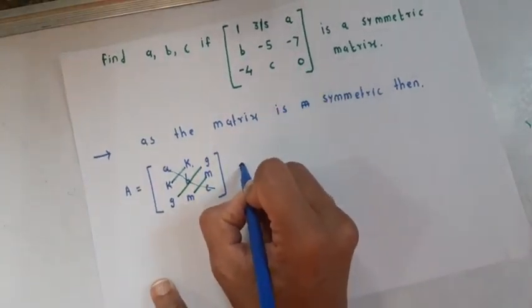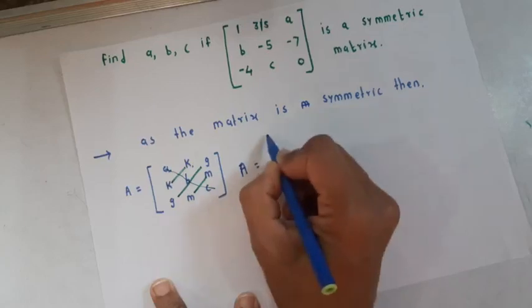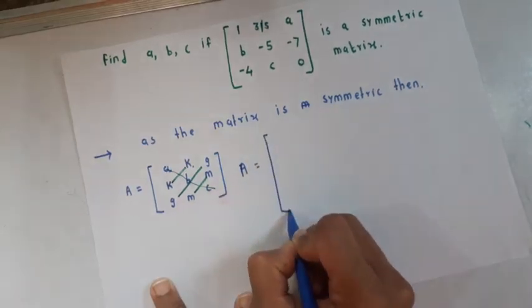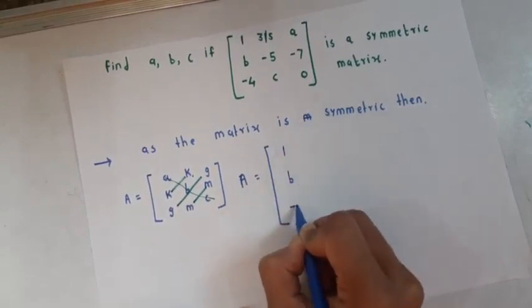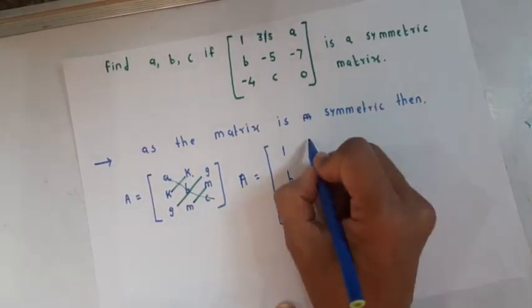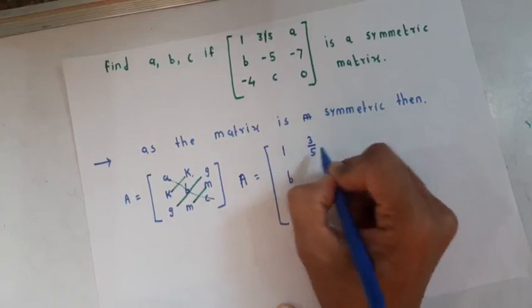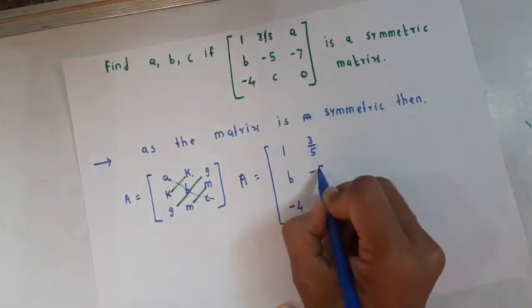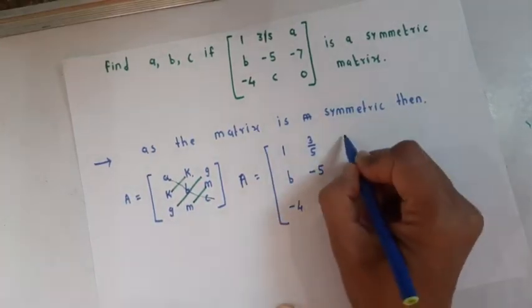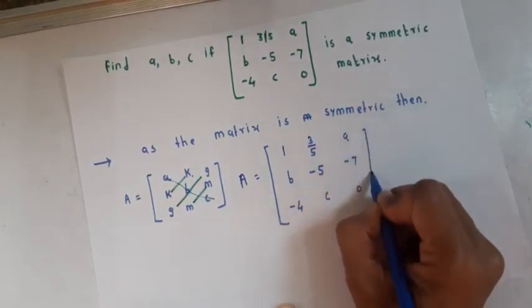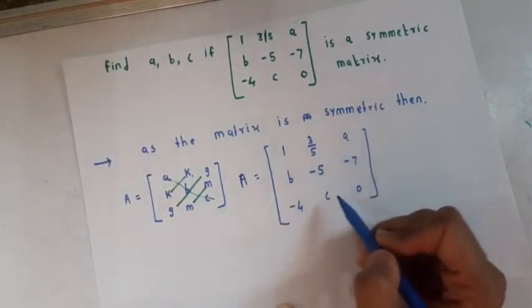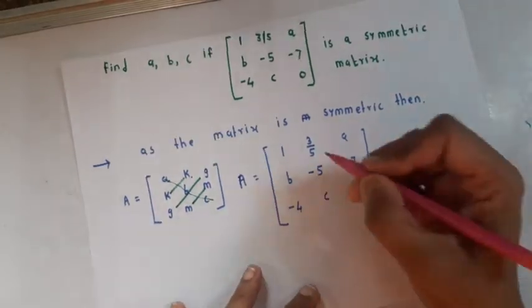Suppose we have the matrix A, and A equal to 1, B, minus 4, 3 upon 5, minus 5, and C, A, minus 7, 0, and we have to find out this A, B, C. So the matrix is symmetric.